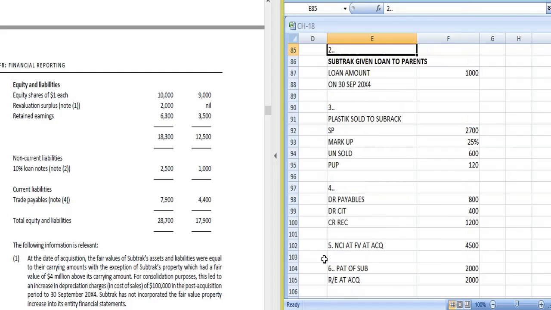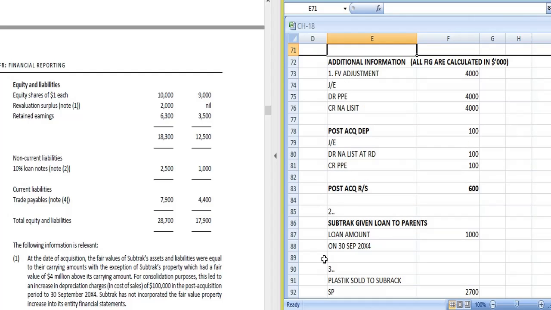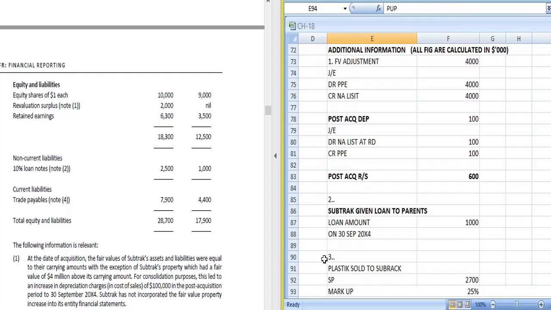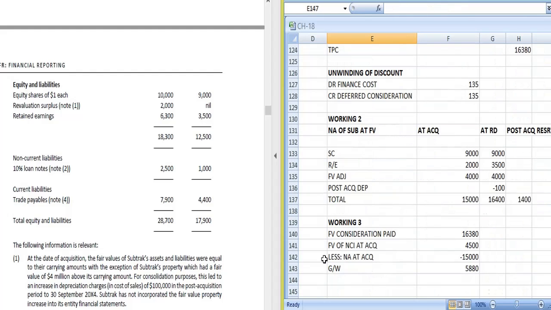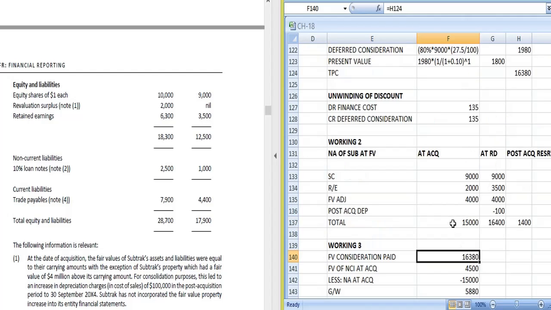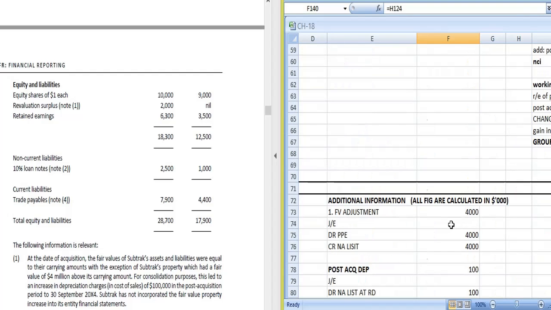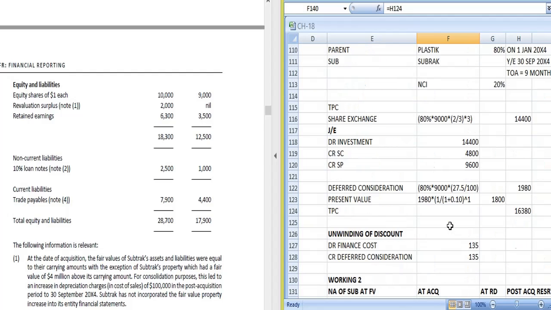Unsold stock, post acquisition reserve. Okay. Actually, the total will be this amount at present value.